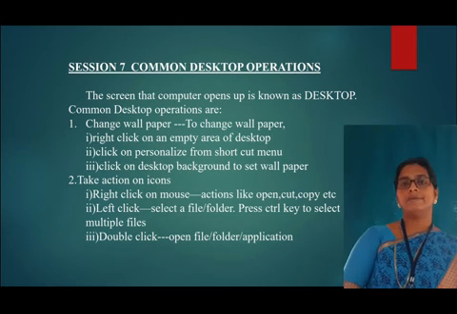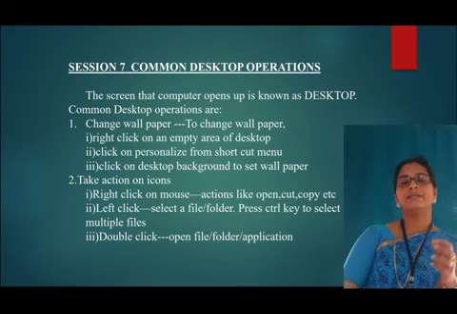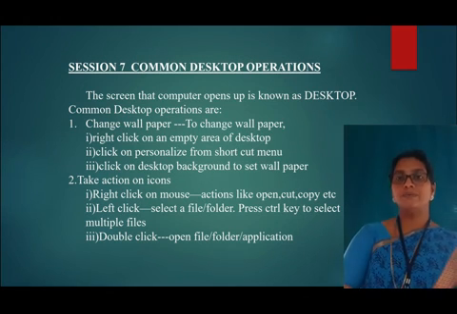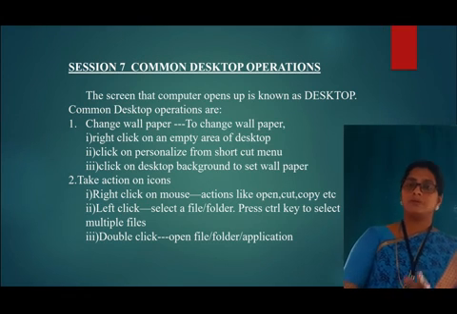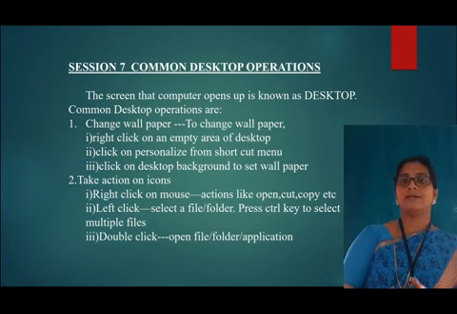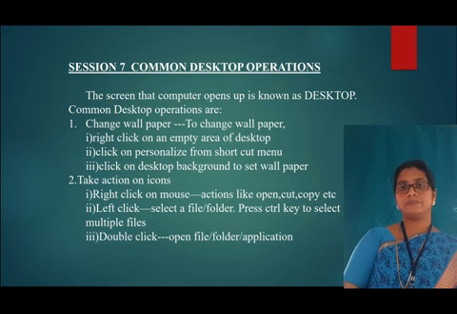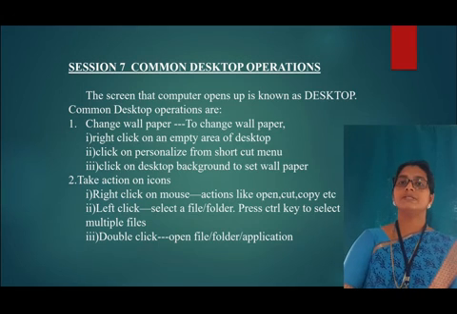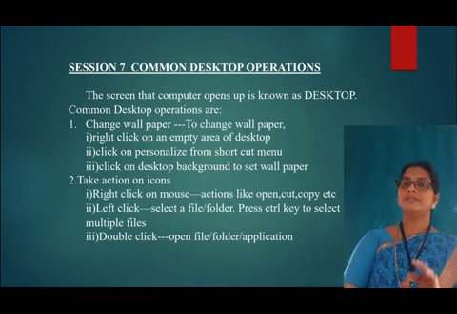If we left click with the mouse, it will be selected. Double click on it, then it will be opened. Then right click on it, and it shows a context menu with options like cut and copy. So these are the most common desktop operations we can do, and this is the end of this subunit.